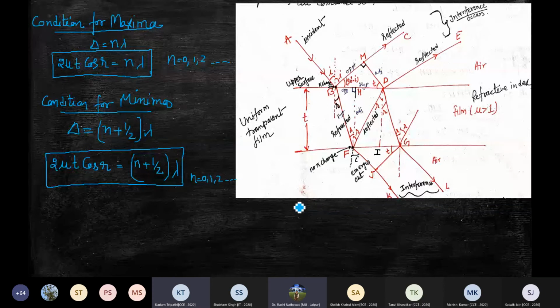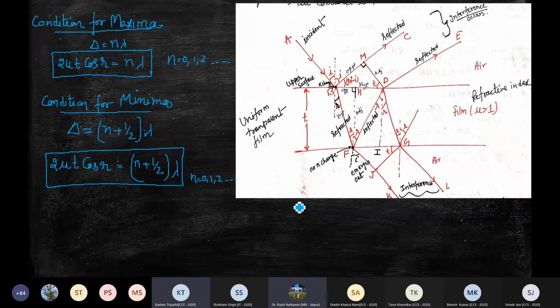हाँ बोलिए. मैम FK और GL जो दोनों रेज रिफ्लेक्ट हो रही हैं, इन दोनों की इंटेंसिटी सेम होगी. नहीं, intensity there will be, हाँ, there will be a bit, perfect नहीं होगी, will not be perfect intensity. Okay, compared to the double slit experiment, there will be some less.